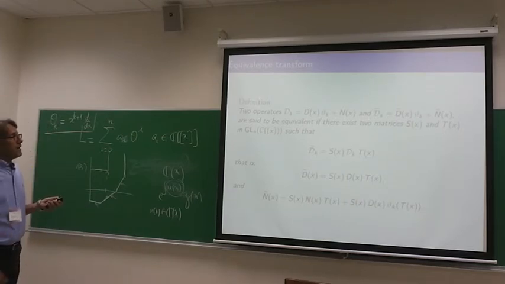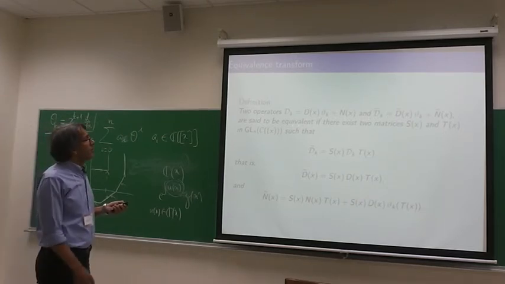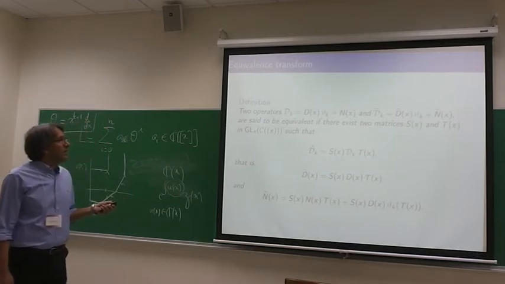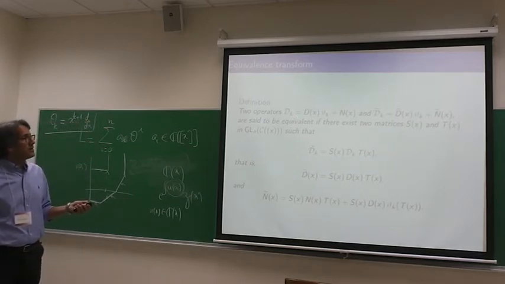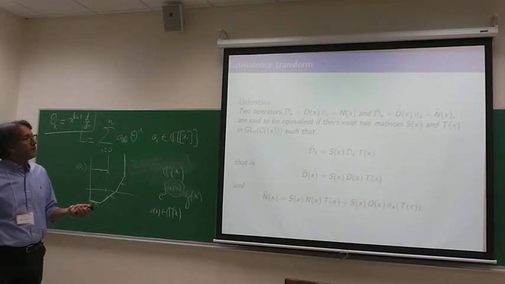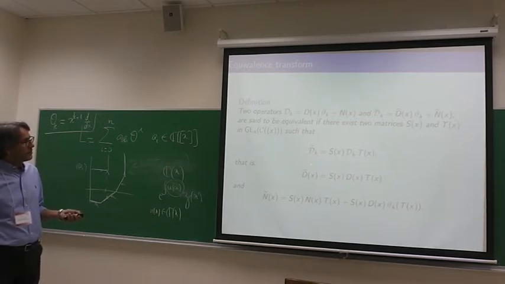So we act by equivalence transform on the system. I consider a system of this form, d of x, theta sub k plus n of x. Two such matrix differential operators are said to be equivalent if there are s of x and t of x, two invertible matrices with holomorphic power series entries, such that d tilde and d are related by this relation.